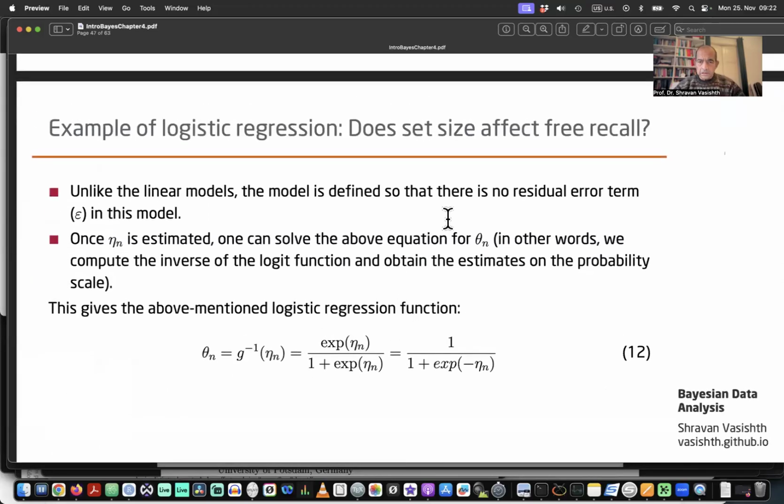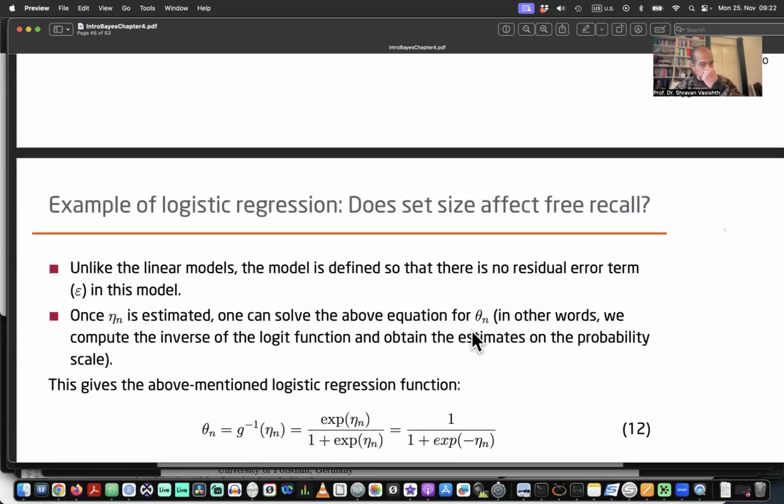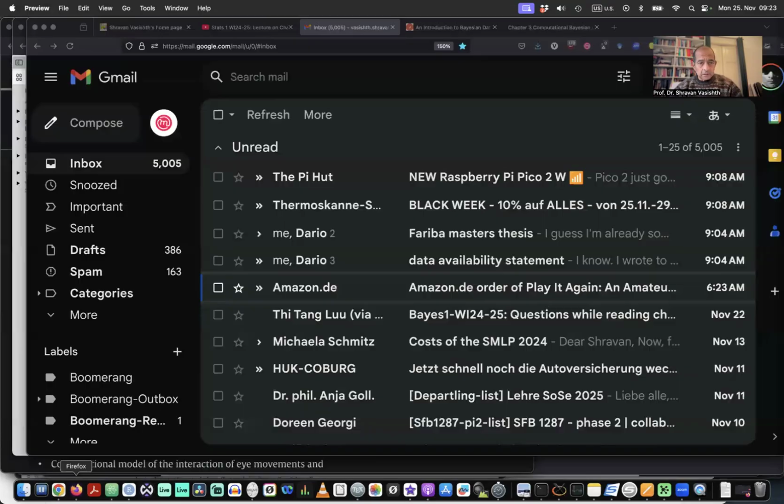So there's going to be no residual term like in the standard linear model. We usually have an epsilon term, but there's no such term here. That's because in the frequentist world, the way these models are fit is different from using least squares. I discussed that in my linear modeling lecture notes, which are online on GitHub. I've mentioned them before, so you can take a look at those if you're interested in more details.